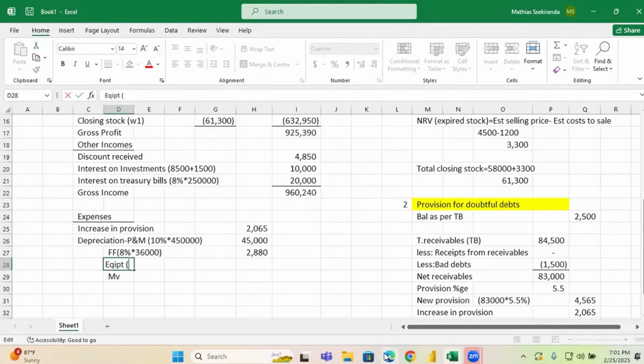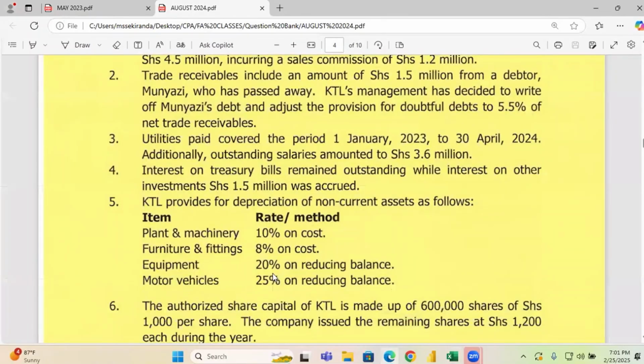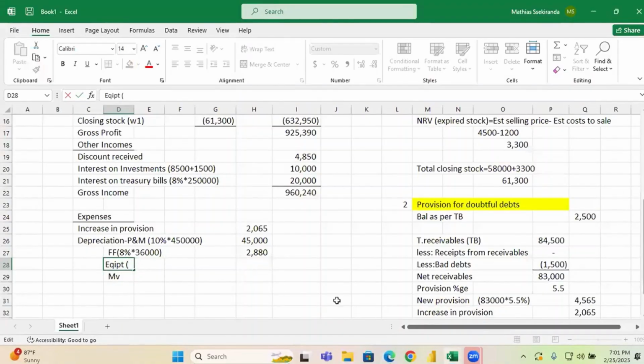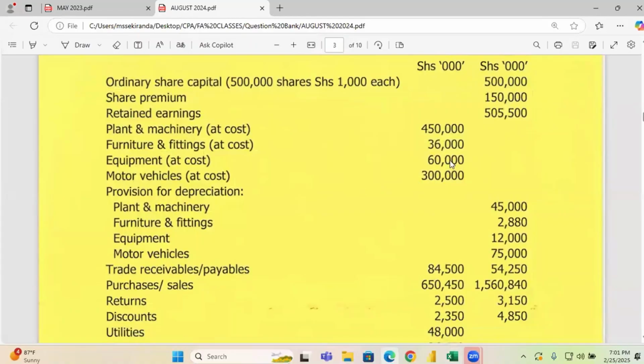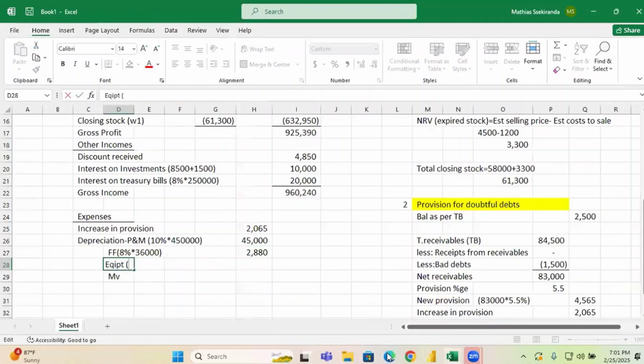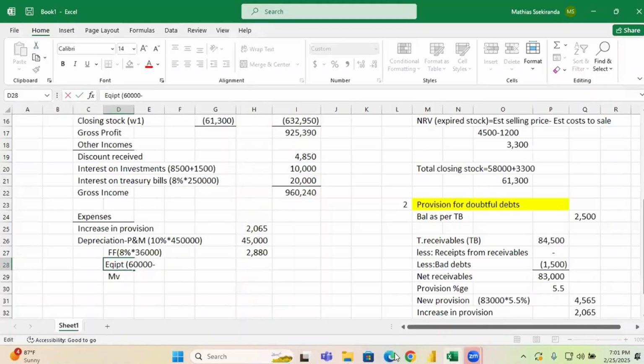Then equipment and motor vehicles, the examiner is telling us these are depreciated on reducing balance. Reducing balance means depreciation is charged on the net book value. So how do we get the net book value? We get the cost of the equipment, 60,000, minus the accumulated depreciation, or provision for depreciation, for equipment, 12,000.